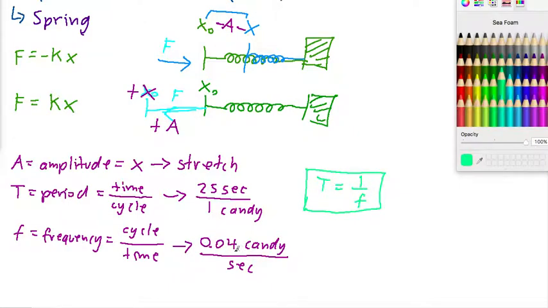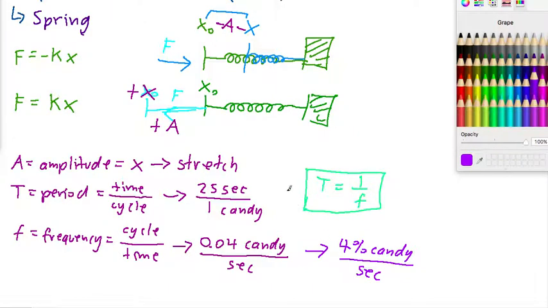Frequency is kind of the speed, how fast something is going. I hope that makes a little bit more sense. You're eating 4% of the candy every second that passes by.